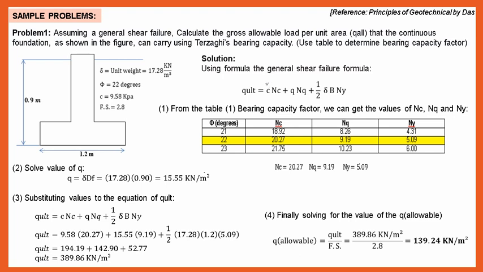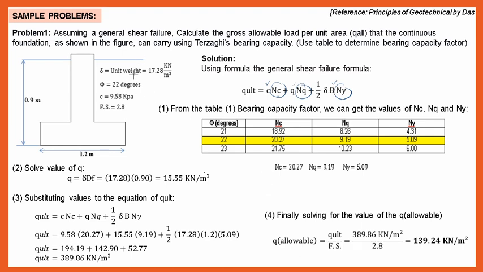Okay? So we are given our C in this problem. We don't have NC, N sub C. We don't have Q, we don't have N sub Q. We are given our unit weight, and we don't have N sub Y. So to solve for N sub C, N sub Q, and N sub Y, we look at the table.